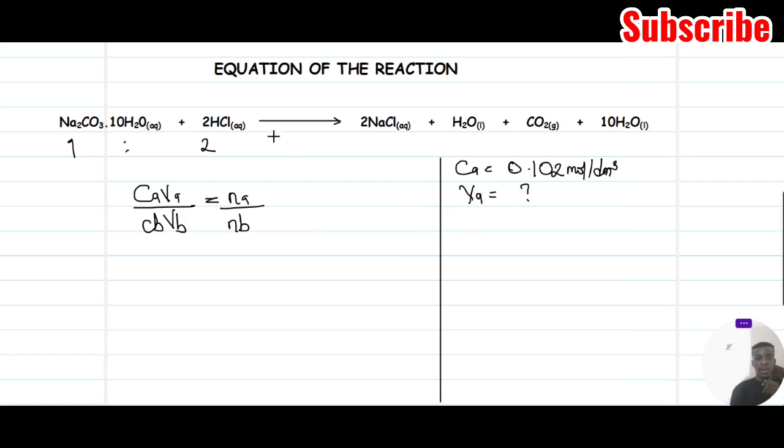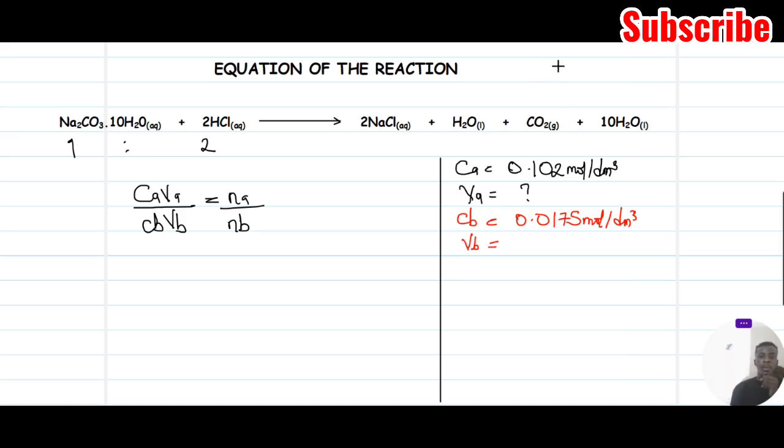Now your CB is the concentration of the Bn that we calculated. From there we have it as 0.0175 mole per dm cube, and your VB is the volume of the base, and you can get that from your pipette.